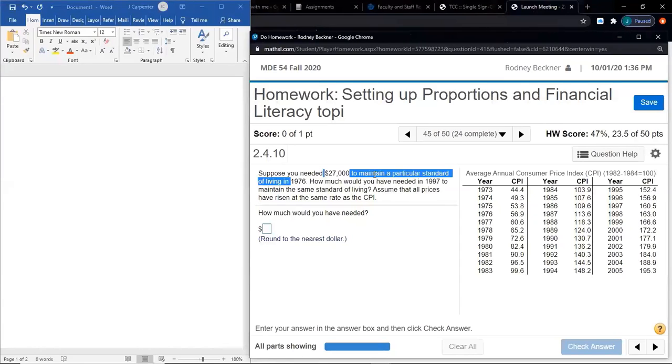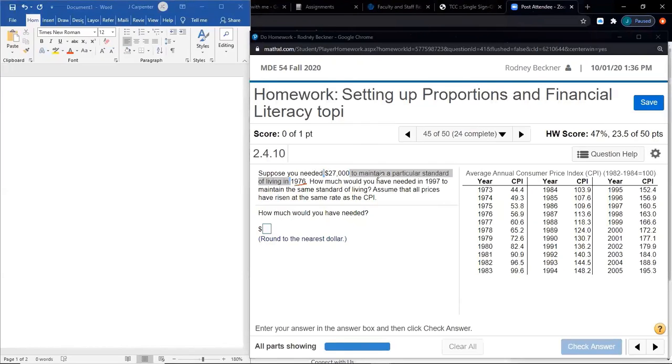All right, so this table is not set up as a proportion table. It's just labels. All of these years are labels, the CPIs are values, but we'll need to extract the two values for the years they ask about. So what did they ask about?